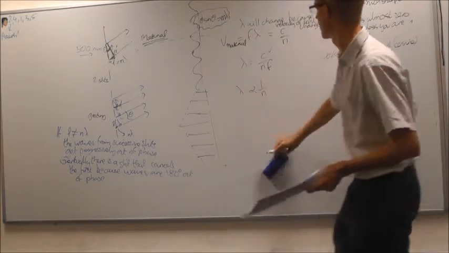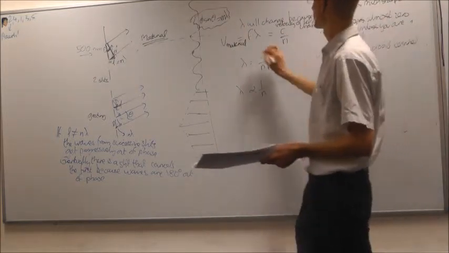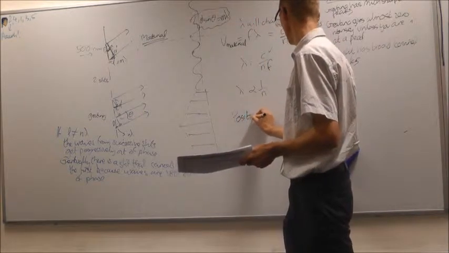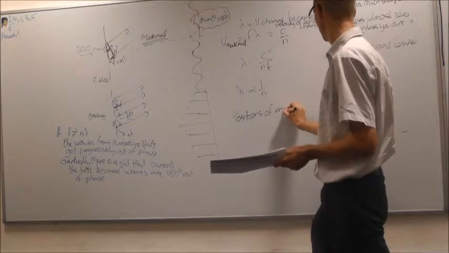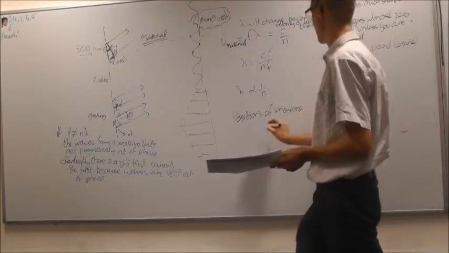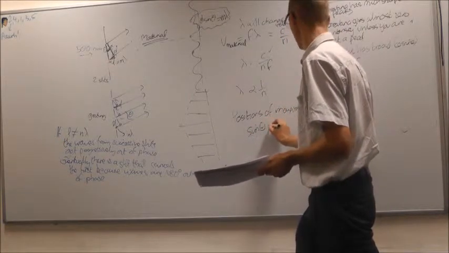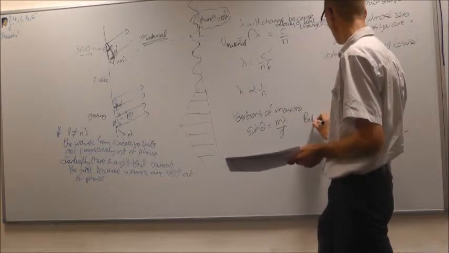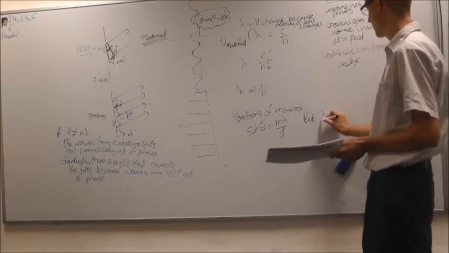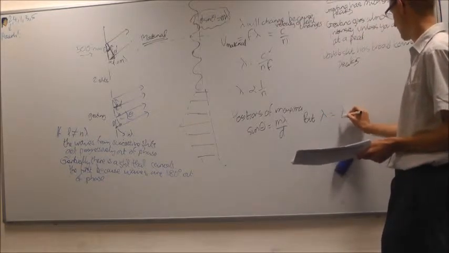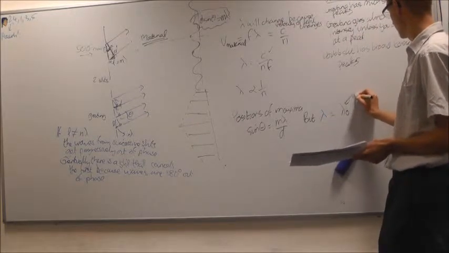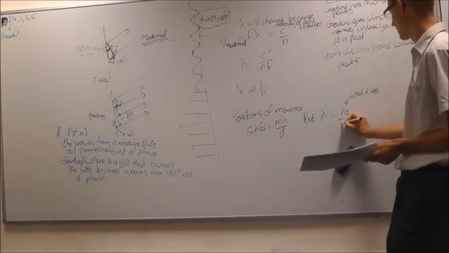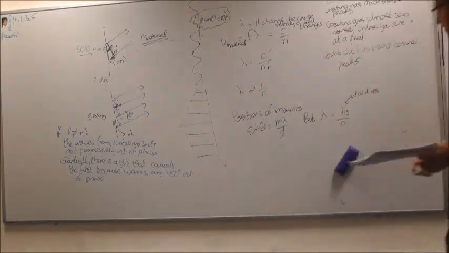So if we go back there, and we look at positions of maxima, they're given by sine theta equals m lambda over d. But lambda equals, let's say, lambda 0, what it was, divided by n, because it's proportional to 1 over n.